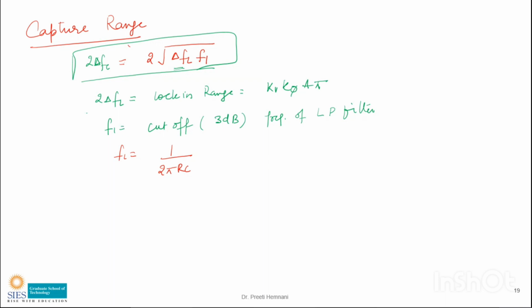So F1 is 1 by 2 pi RC. So I can write 2 del FC equals 2 times the root of del FL upon 2 pi RC. And del FL I know. What is my del FL? My del FL equals KV K phi A into pi by 2.